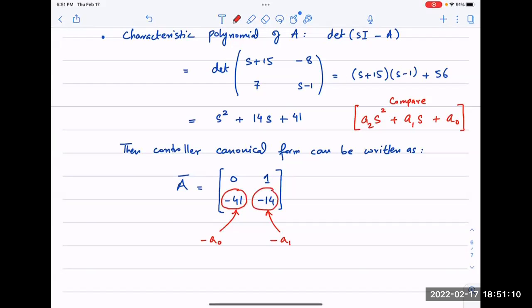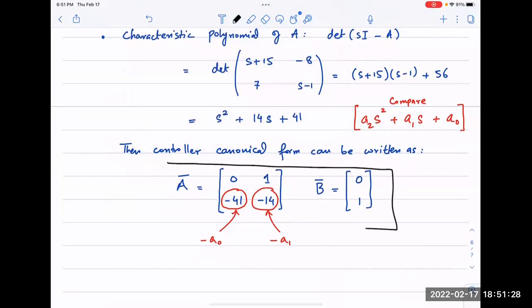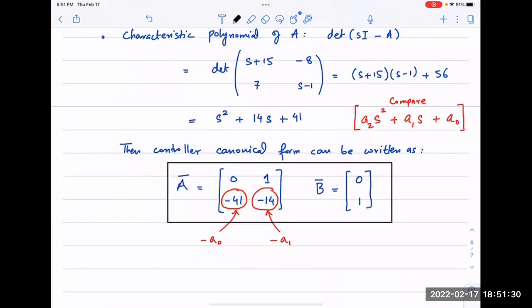And this is a1 with a negative sign. And then the B bar is obvious. You don't even have to do anything. It is 0 and 1. So this is our canonical form per se, which we are going to use in the control design.